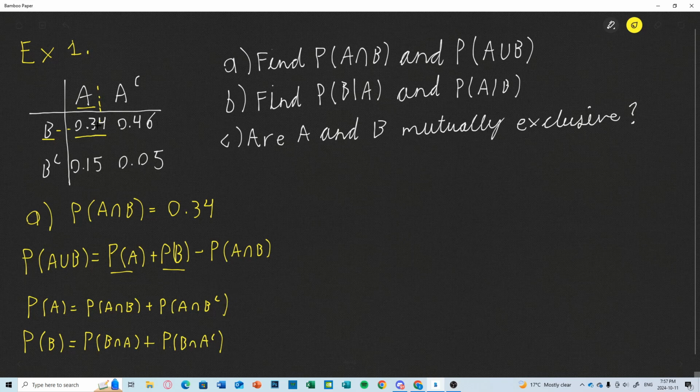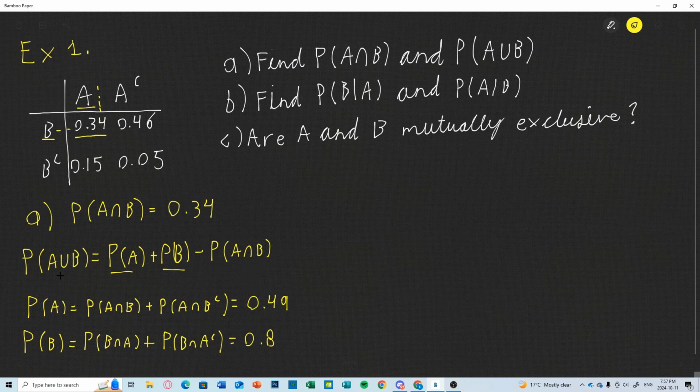If you notice on the chart, all you have to do is add our A column to get our total for A, because that is adding A and B and A and B complement. The same thing for B: you just add the B row. This gives us 0.8 for the probability of B and 0.49 for the probability of A.